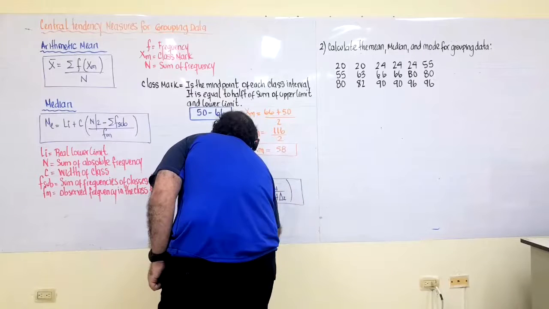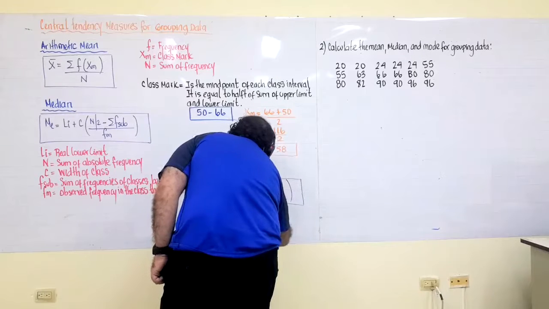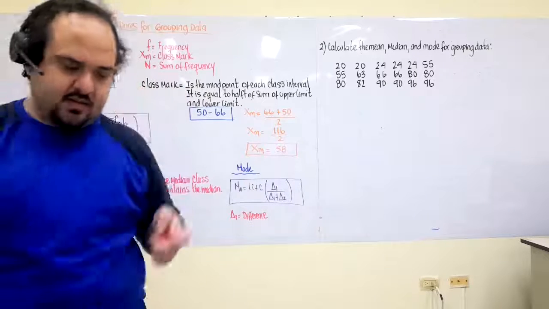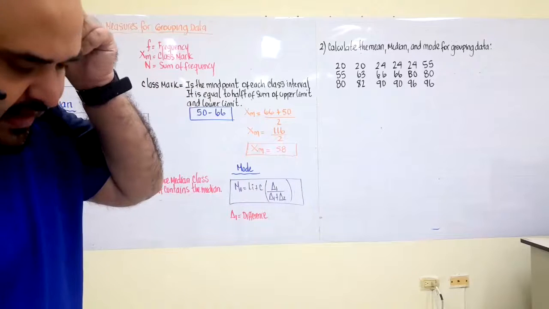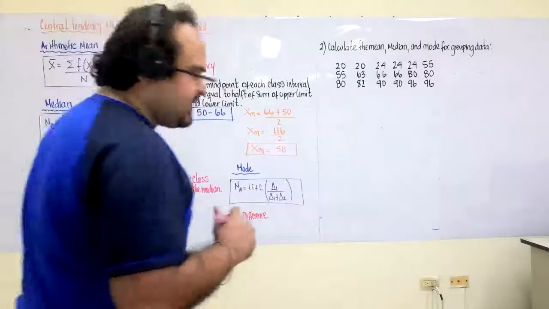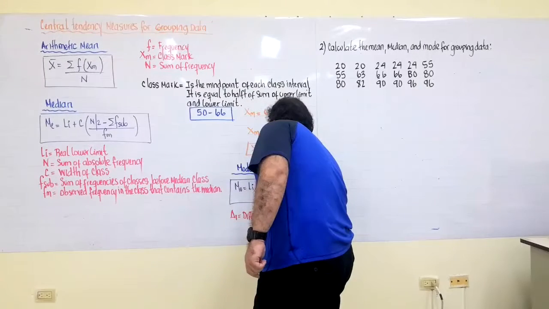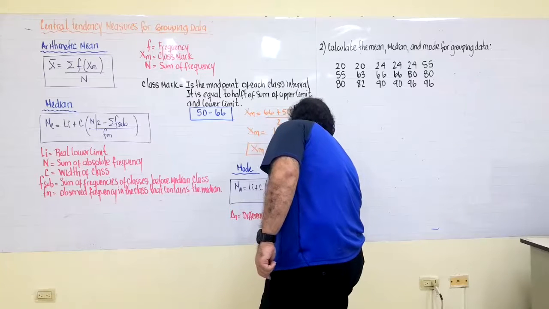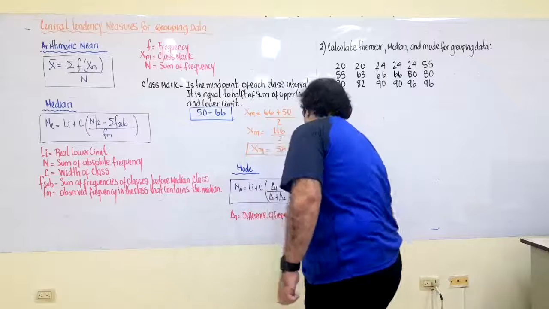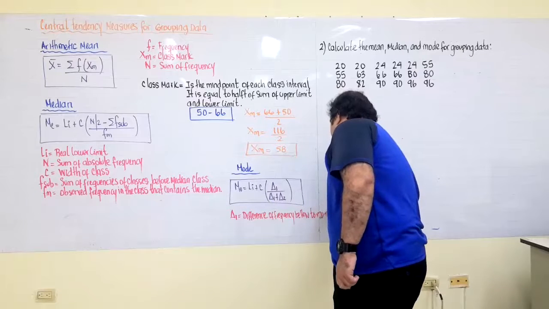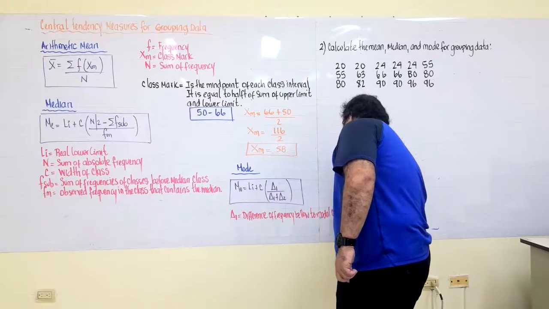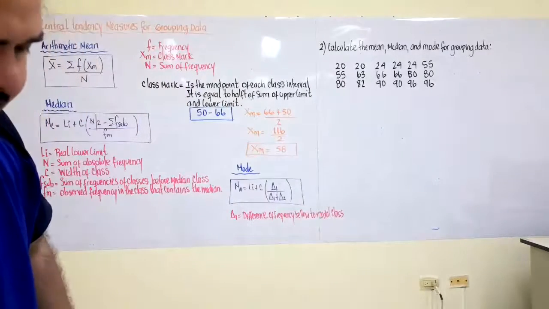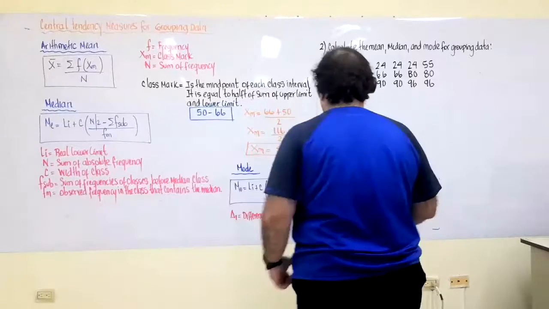Delta 1, according to the definition, is the difference, a subtraction, the difference of the frequency below the modal class from the modal class frequency.